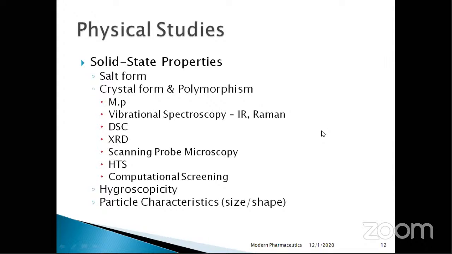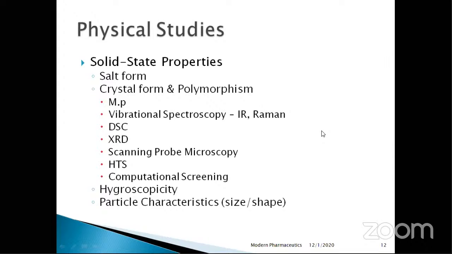It is vital that you understand that not all the studies we teach here or you study in the books will be required for all molecules, but a subset of them will be. A drug which we know is very hydrophobic naturally will have no issues with hygroscopicity.